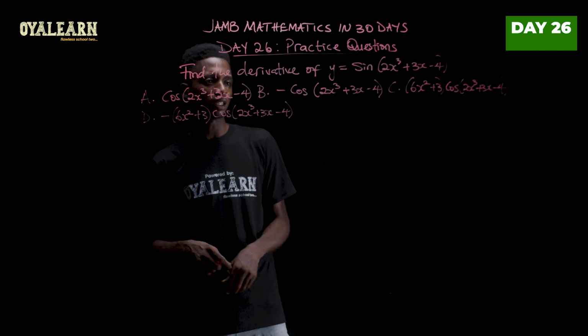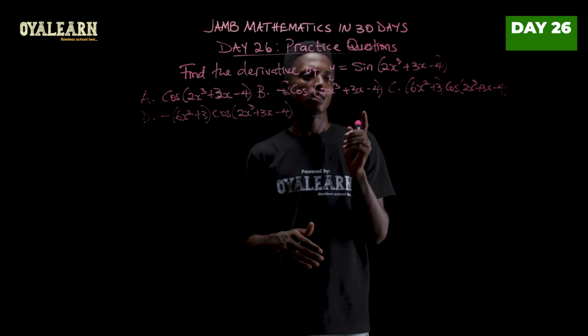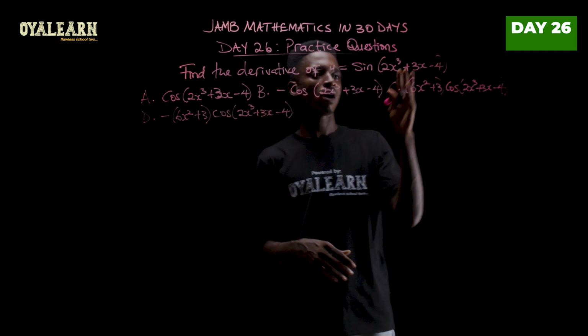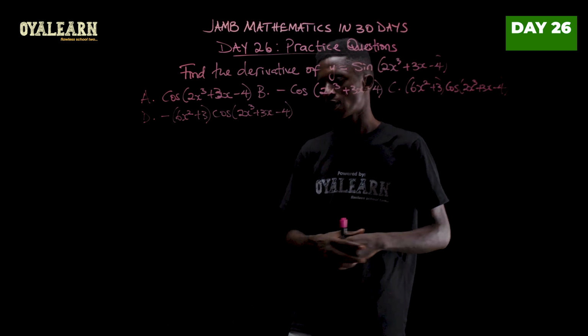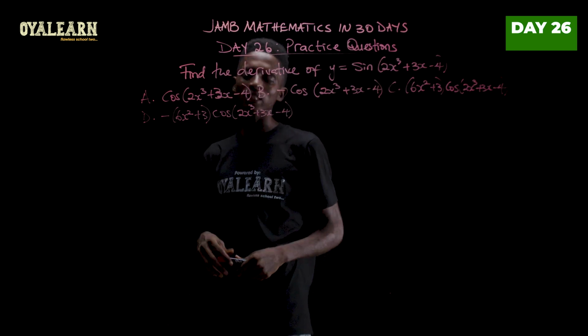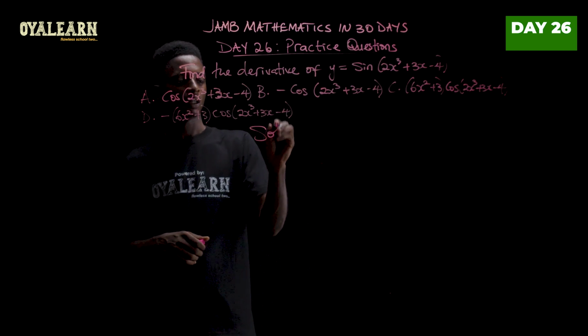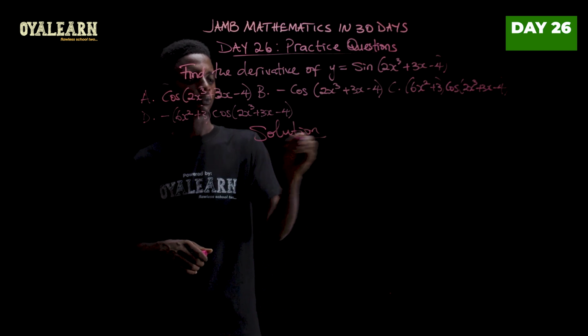Find the derivative of y equals sine of (2x cubed plus 3x minus 4). Now, to find the derivative of this, let's simplify it.